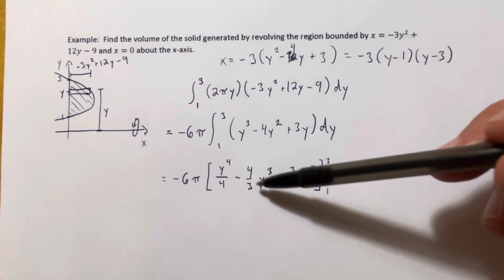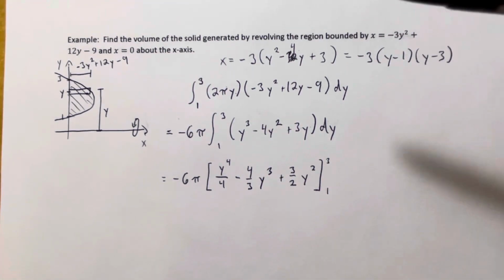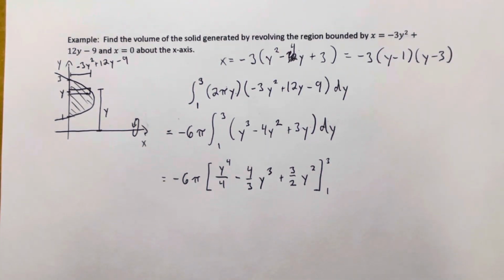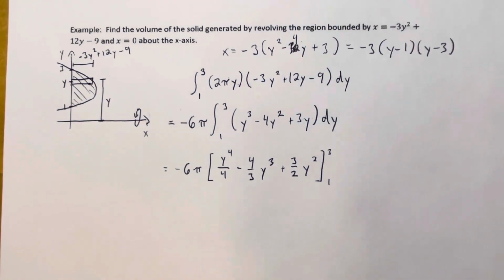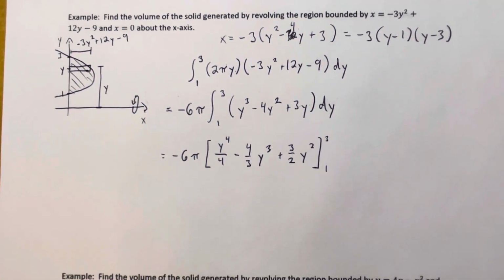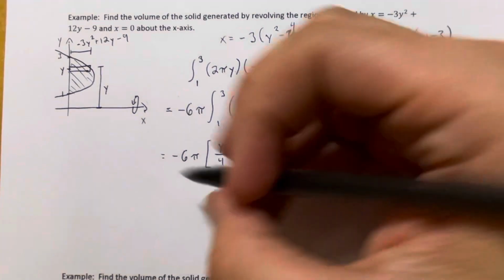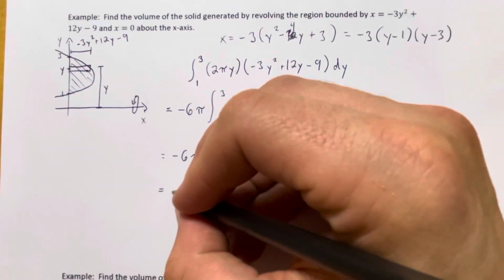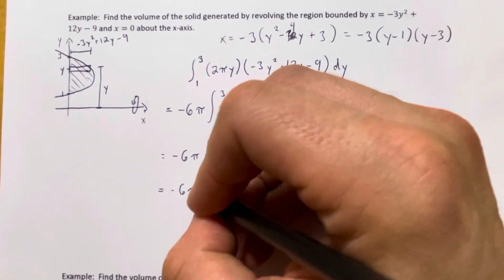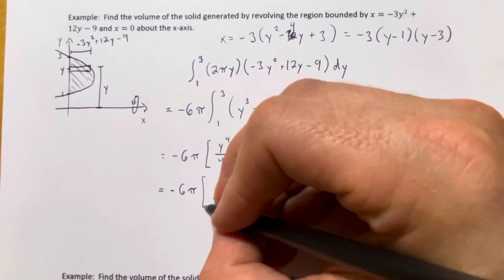So I'm going to write some of the steps out here, but as we get further and further through the course, I'm going to leave those steps out of my examples because I'm expecting you to be able to fill in those gaps yourself. It's not really worth our time to do a whole bunch of arithmetic in the lectures. But for just this once, I'm going to do negative 6 pi right there.